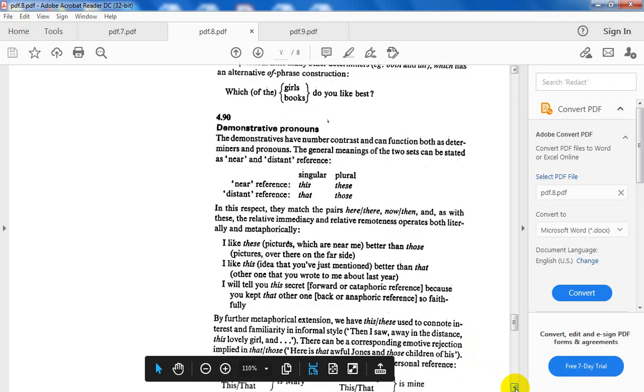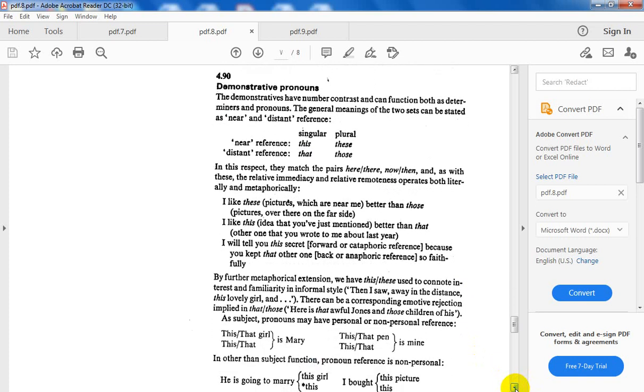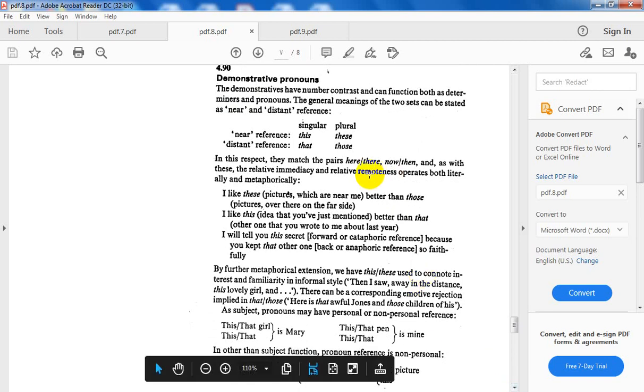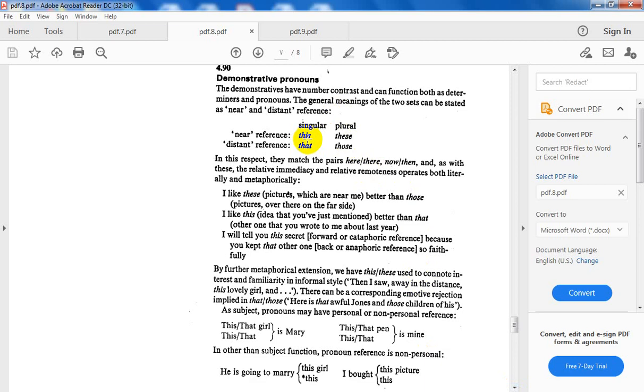Move to demonstrative pronouns. Demonstrative pronouns, again, they are four. They have number contrast, I mean singular and plural. You see? This, these: singular this, plural these; that, those. They can function both as determiners and pronouns. For example, this book. Again, I can say this as a pronoun, or as a determiner before the noun in the noun phrase, or it can be used alone.